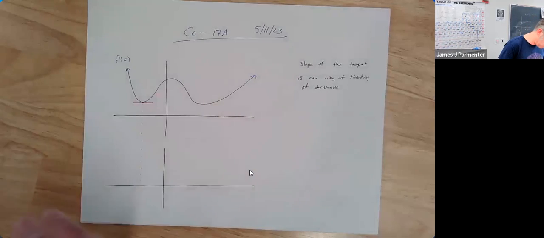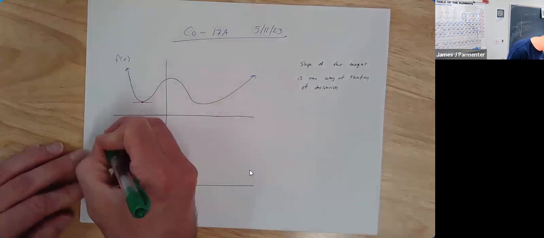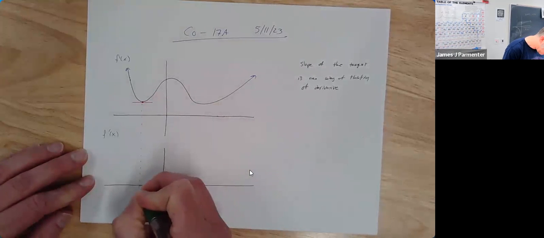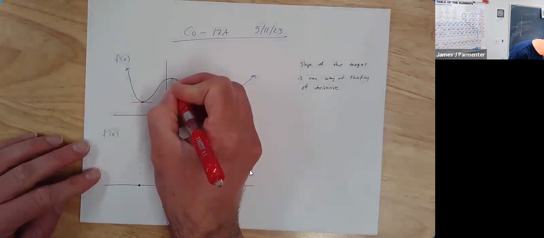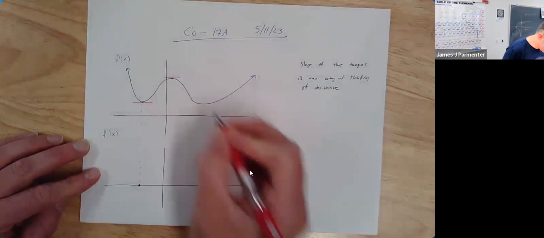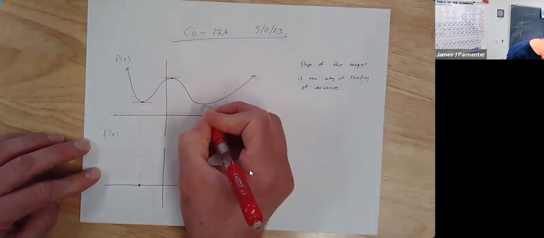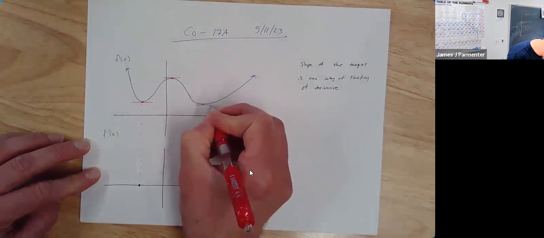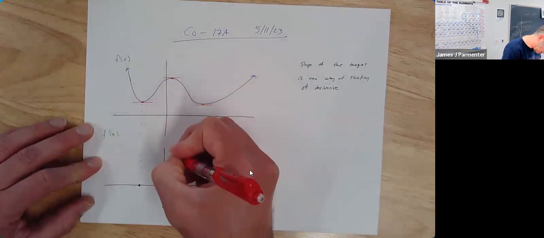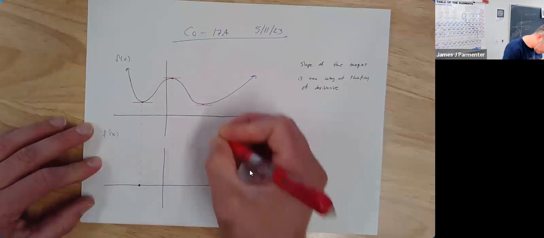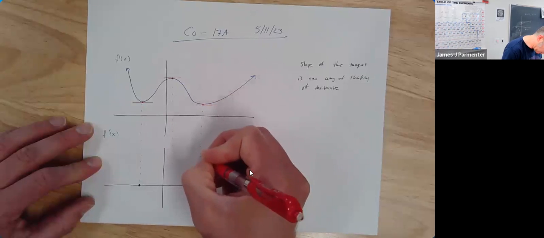Let's use green. I never use the green pen. So here I'm graphing the derivative, meaning a value of 0. And similarly, right about here, the tangent line is horizontal, and right about here, the tangent line is horizontal. So those corresponding spots on the graph of the derivative are going to be the places where the derivative equals 0.